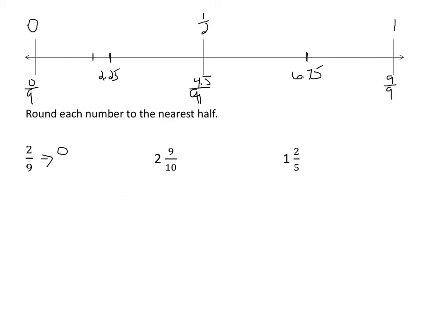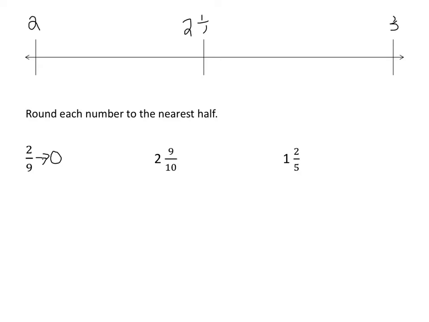Now, let's redo this, looking at tenths. Okay. So 2 and 9/10 is really between the whole numbers of 2 and 3. In the middle we'd have 2 1/2.